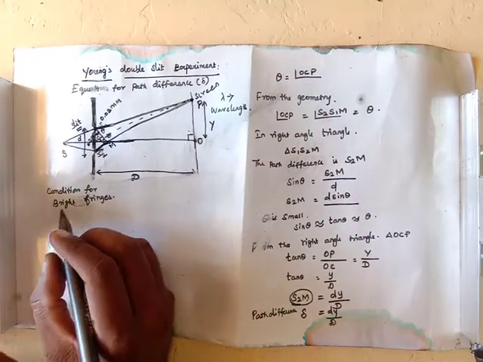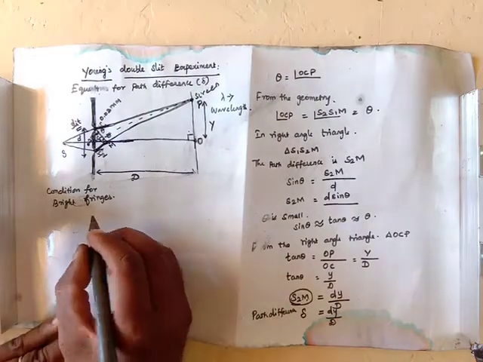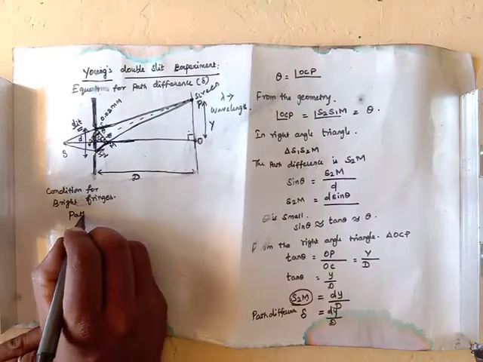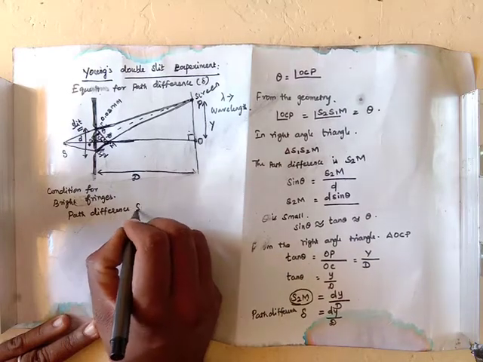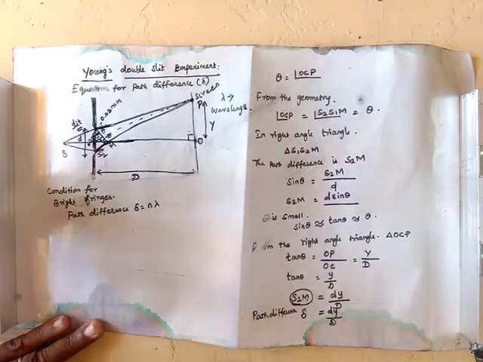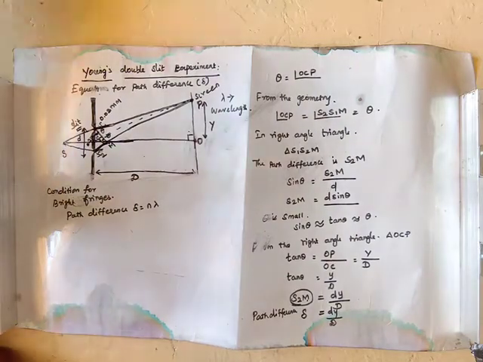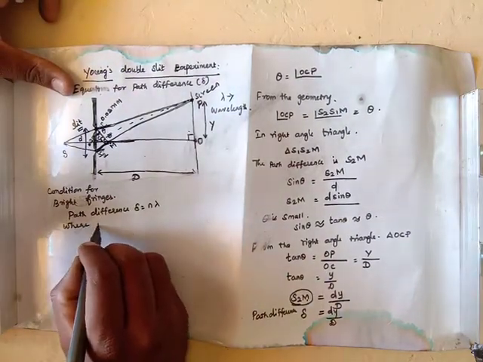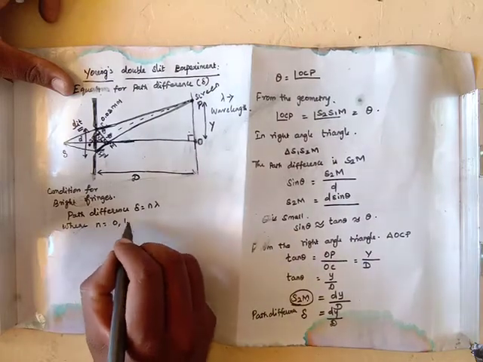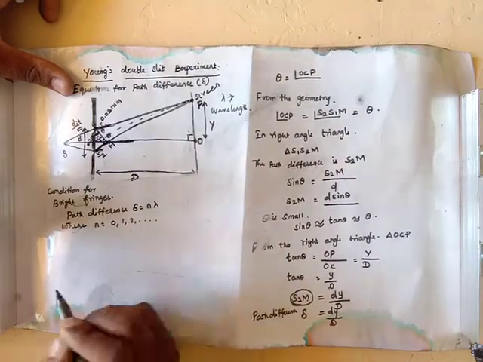What is the condition for the bright fringes? The path difference delta is equal to n lambda, where n is the order 0, 1, 2, and so on.